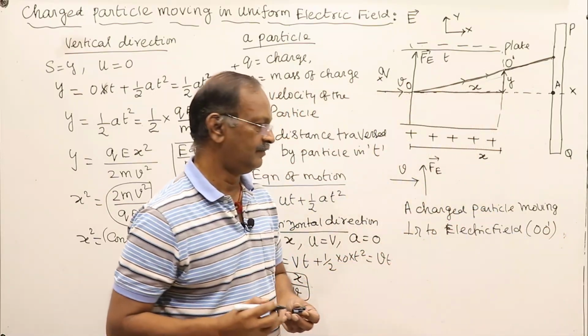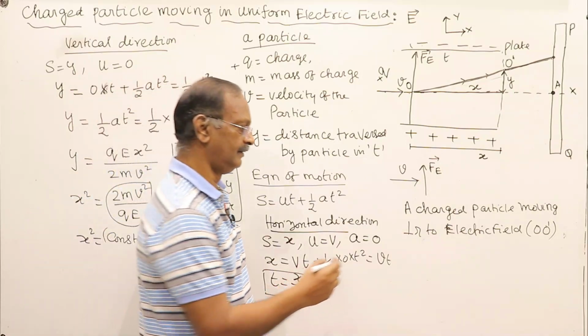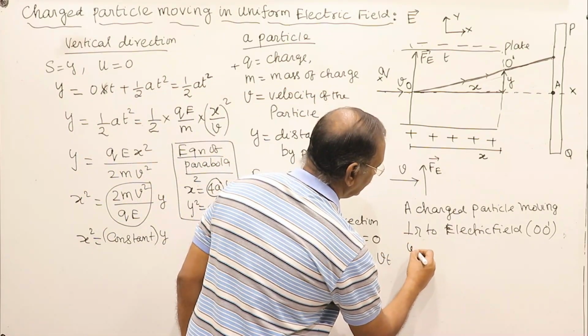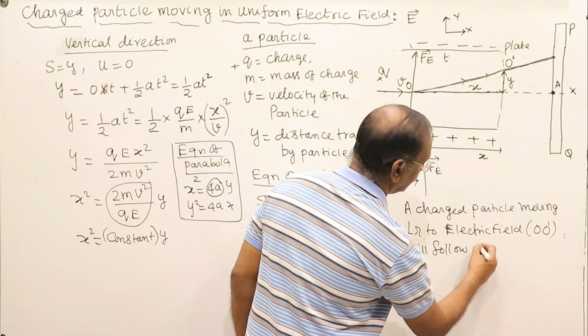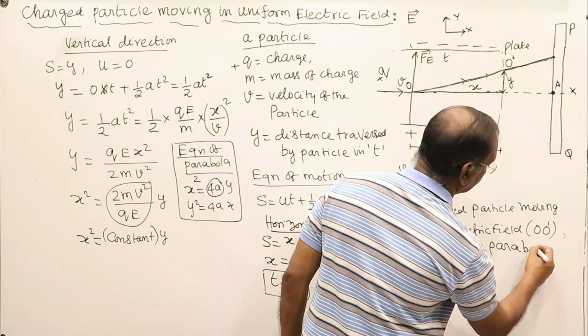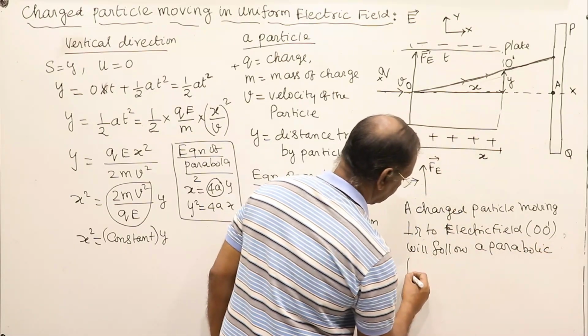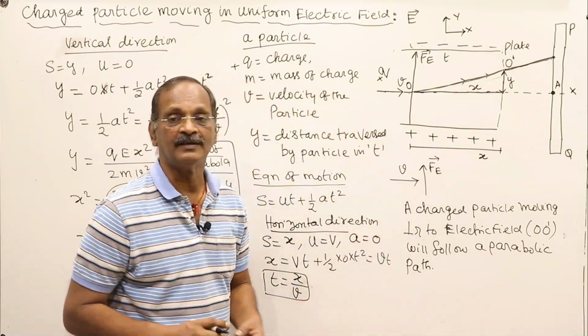A charged particle moving in an electric field will follow a parabolic path. This we have to remember, because this result will come in handy.